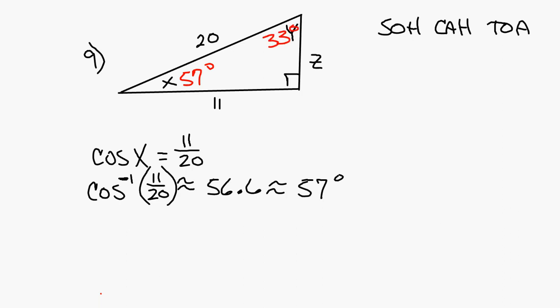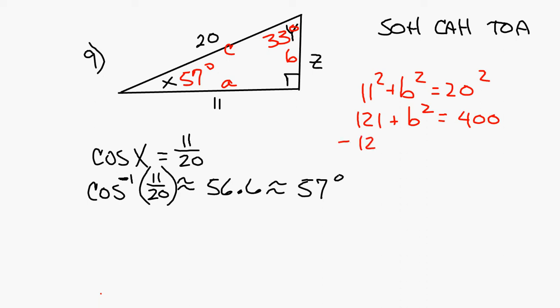To find side Z, you're going to use the Pythagorean Theorem. So you would have 11 squared plus b squared equals 20 squared. So 121 plus b squared equals 400. You can subtract 121 from each side.